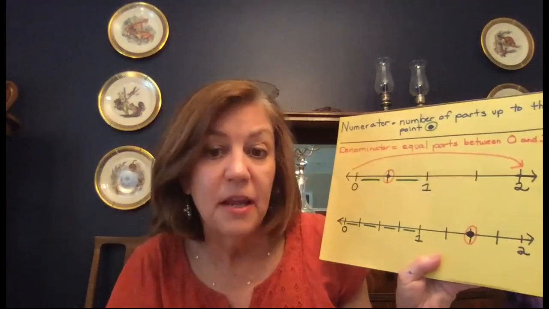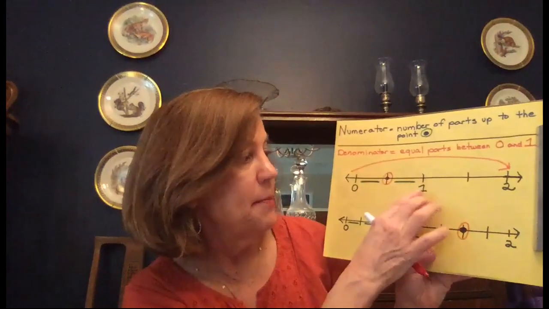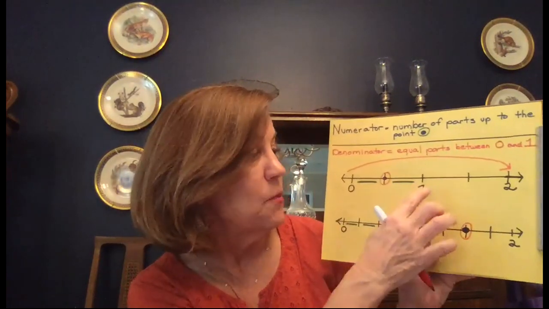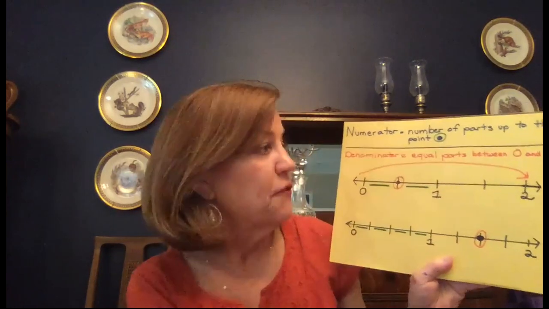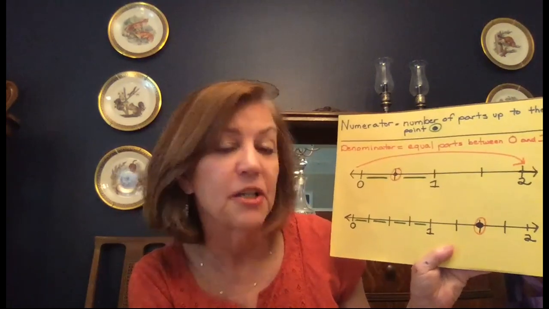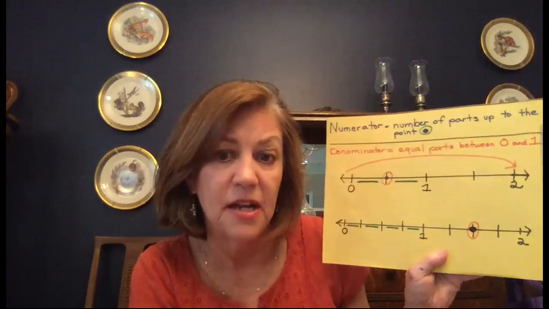So the first thing we're going to do is determine the denominator. Now this point on this number line is going to be less than 1 because it's in between 0 and 1. But the first thing we want to do is count how many equal parts there are between 0 and 1, and that is going to give us our denominator.